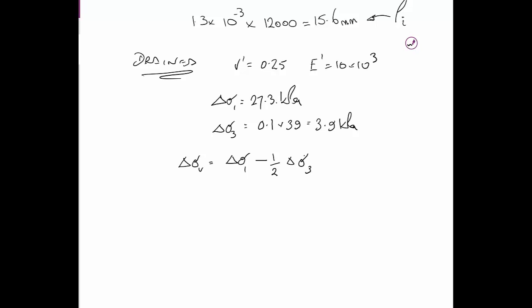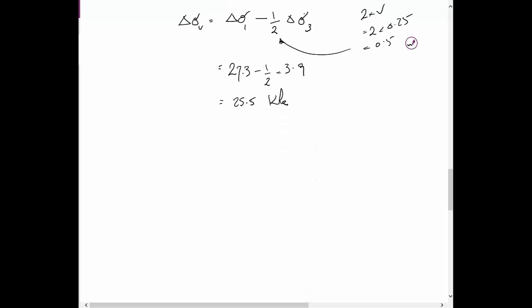I was just having a little think there, because remember back there we were doing 2 times mu, which equals 2 times 0.25, which equals 0.5. That's where this half comes from. Okay, equals the change in sigma 1, 27.3 minus a half times 3.9, which equals 25.5 kilopascals.